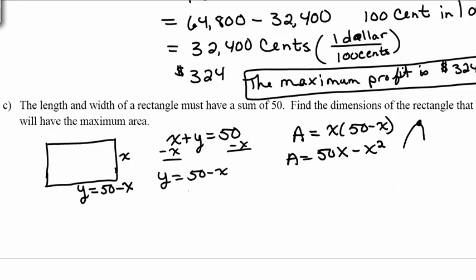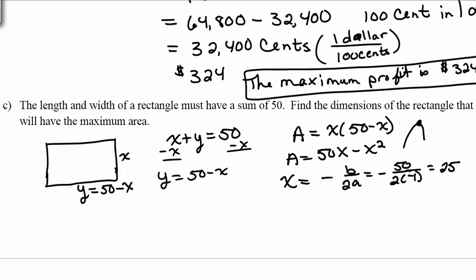The maximum is going to occur at the vertex, and the x-coordinate of the vertex is at negative b over 2a. And b for this parabola is 50, and a for this parabola is negative 1. So we would get negative 50 over 2 times negative 1, which is positive 25.